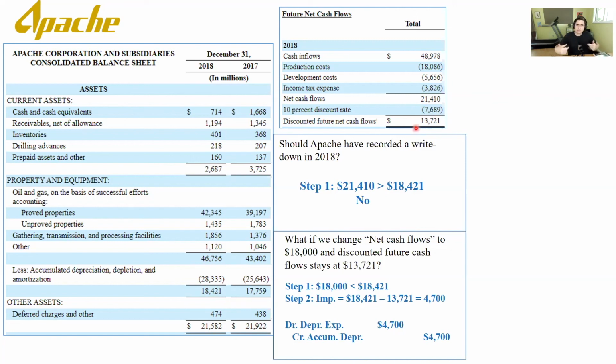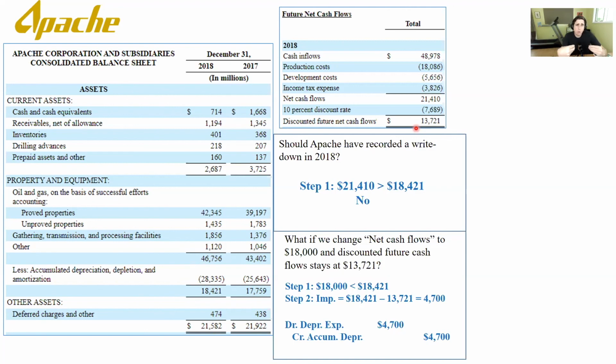So an investor looks at the balance sheet and says, oh, look, they've got 18.4 billion of property and equipment. That investor is somewhat misled, because that $18.4 billion book value exceeds the assets' fair value, what the assets are actually worth.